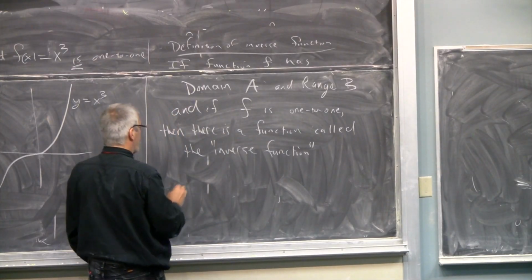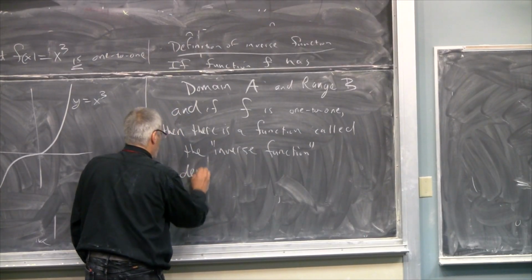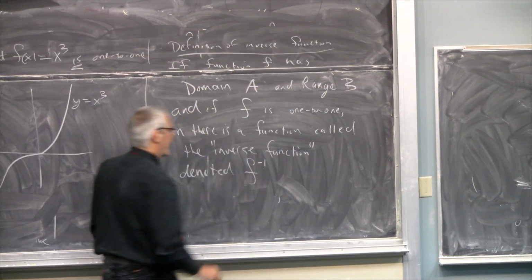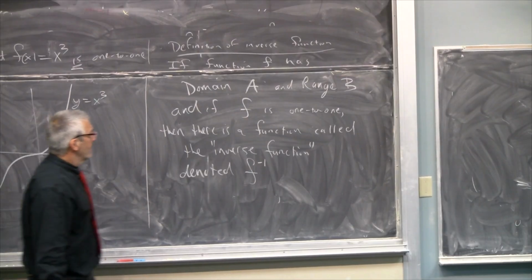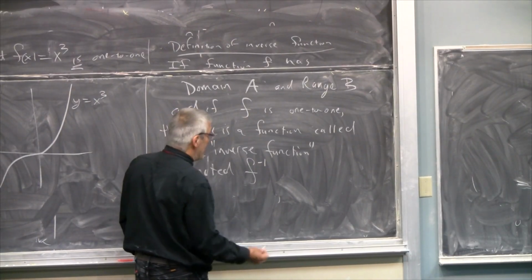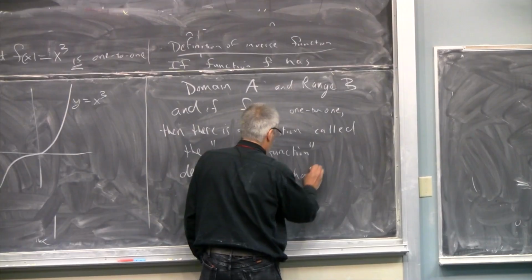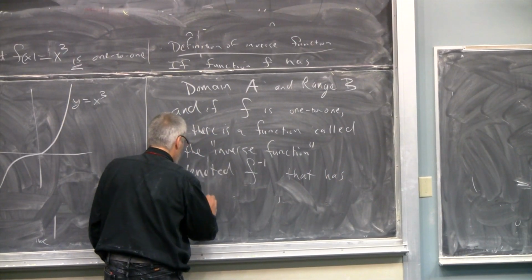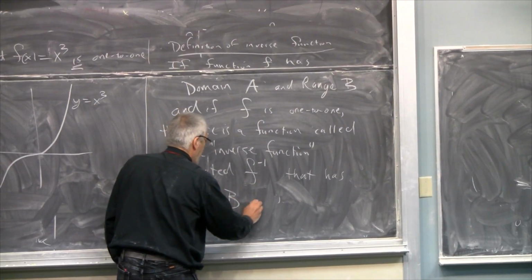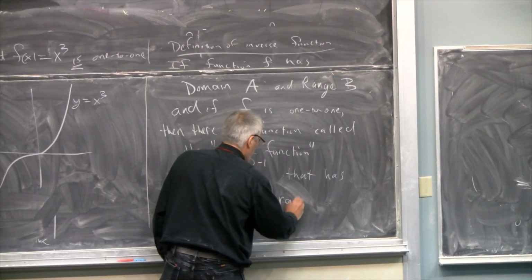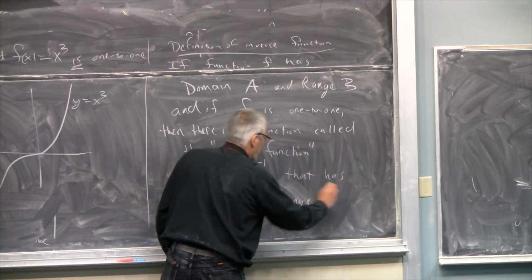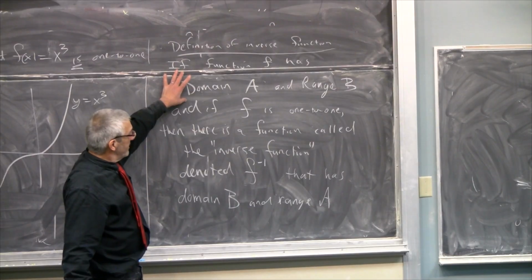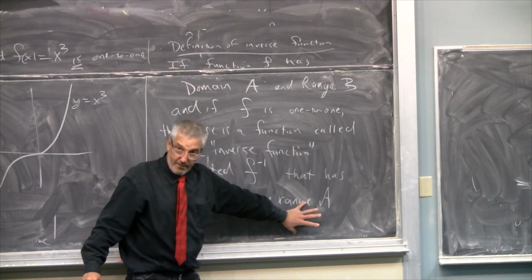And it's denoted by the symbol f with a superscript -1 that has domain B and range A. So whatever the domain of the original function f is, that's going to be the range of the function f inverse.